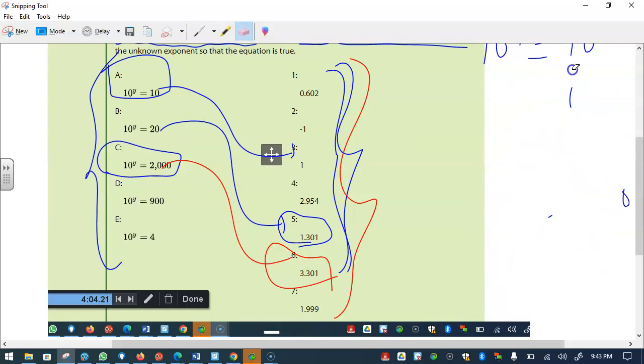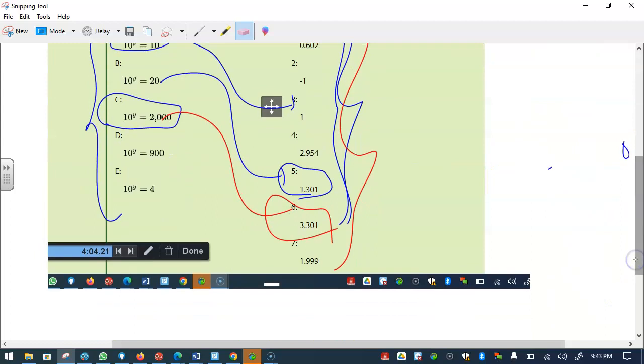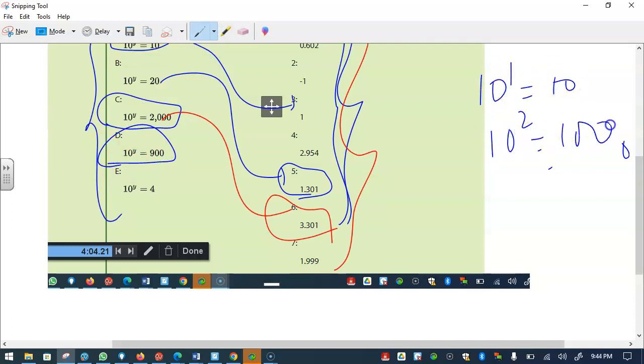Now you can do this by yourself. You don't need my help, but still, if somebody is getting confused, I failed to show that. So the next one is 10 raised to y. 10 raised to 1 is 10 again, 10 raised to 2 is 100, and 900, and 10 raised to 3 is 1000.